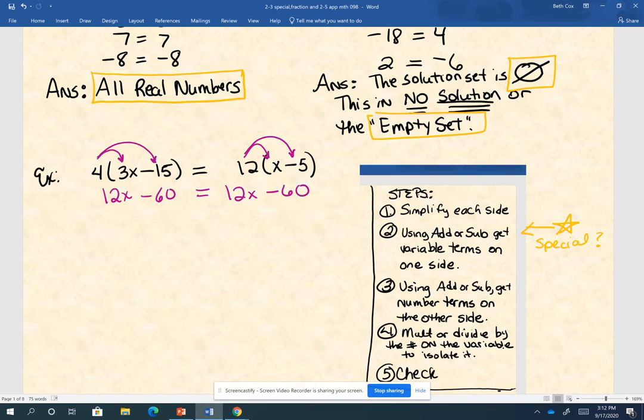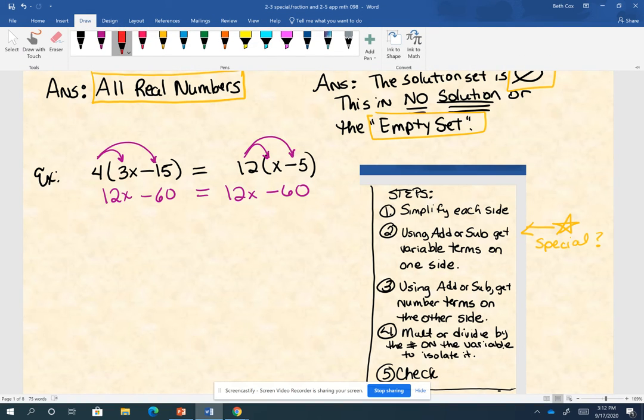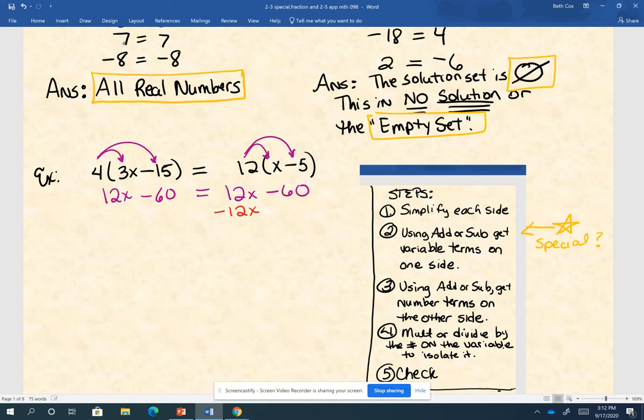Okay, so now I'm going to go to step 2. I'm going to use add or subtract to get the variable terms on one side. So I'm going to subtract that 12x on both sides because it's a positive, so I'm going to do the opposite. That's going to be 0. What I do on the right, I also do on the left.